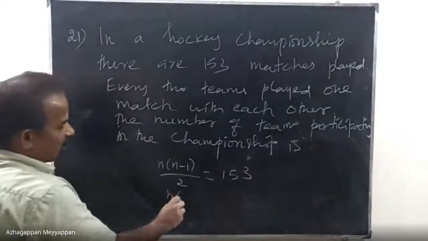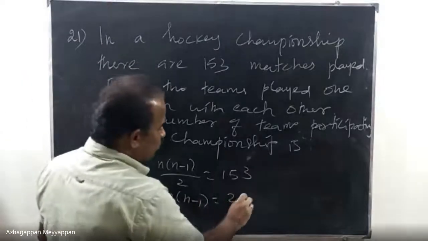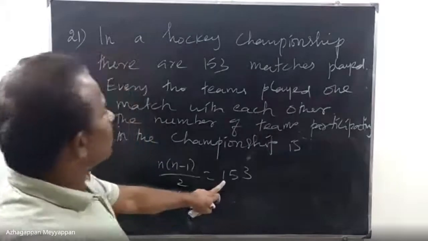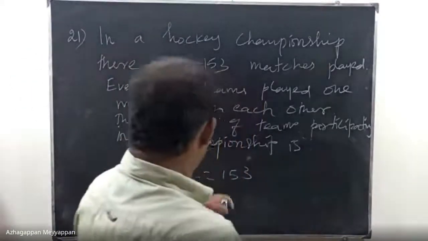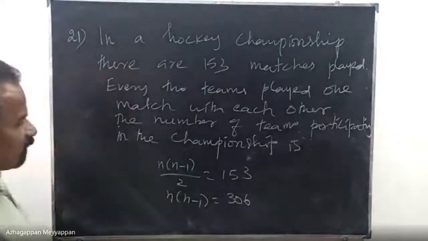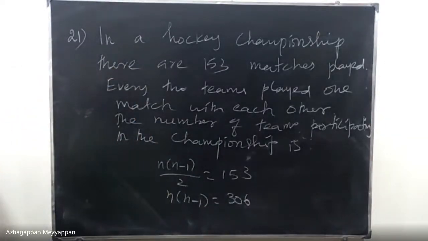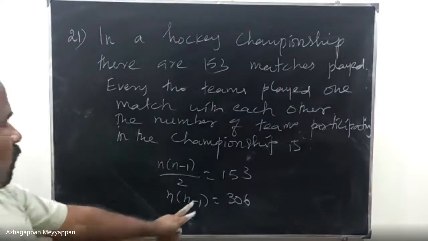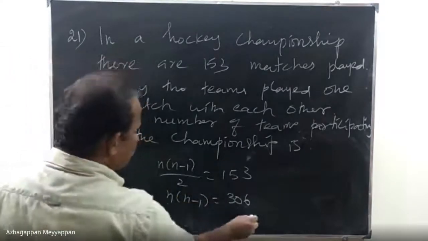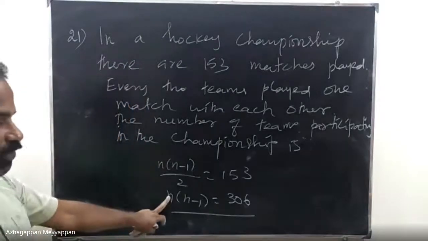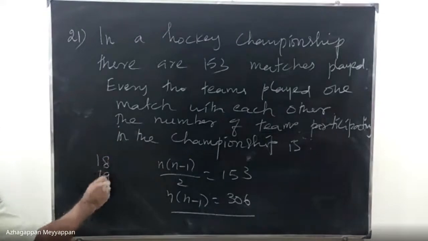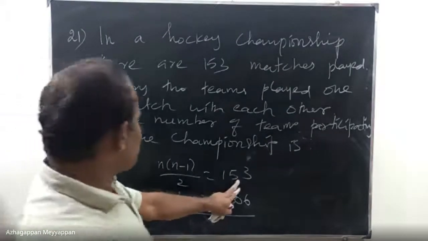So therefore, n into n minus 1 equals 2 times 153. 153 is nothing but 306 or something like that. If you simplify it, what will you get? Suppose 18 into 19, what will happen?